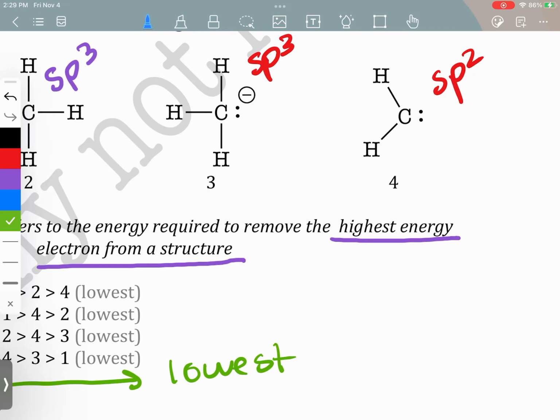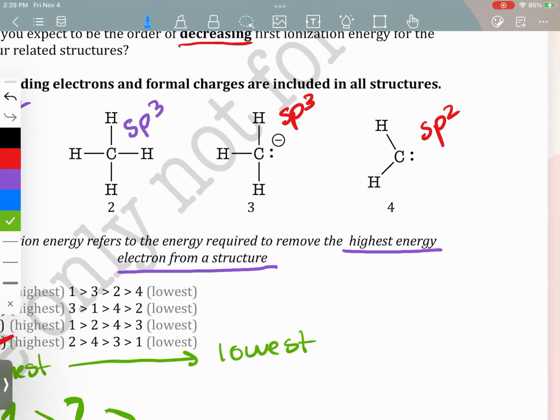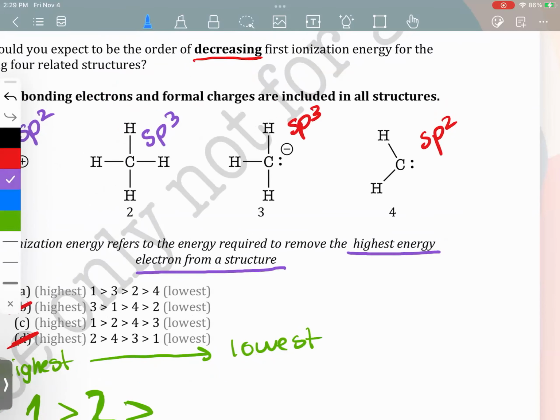The energy of the non-bonding lone pairs. That's what we have to pay attention to for 3 and 4. Okay. Because we do have lone pairs on those carbons. Yeah. So 3 is negatively charged, while 4 has no charge at all. It's kind of neutral.